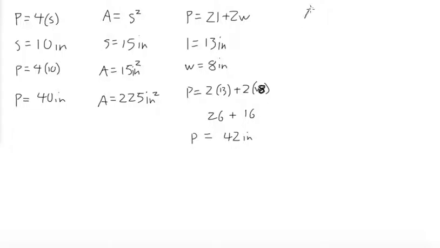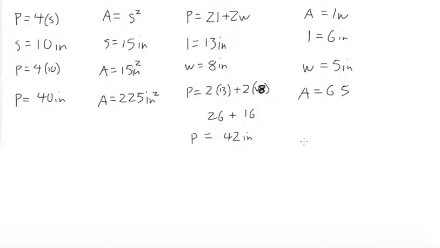Now the area of a rectangle equals length times width. Say we have a length of 6 inches and a width of 5 inches. Then the area is just 6 times 5, and let's put inches there.